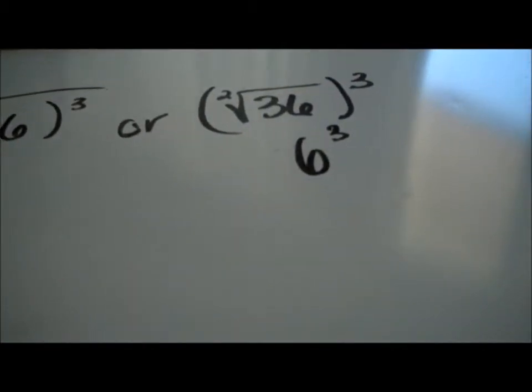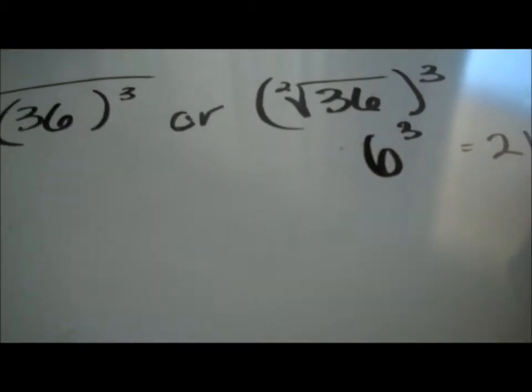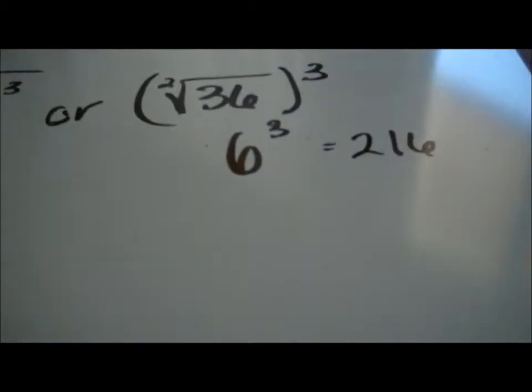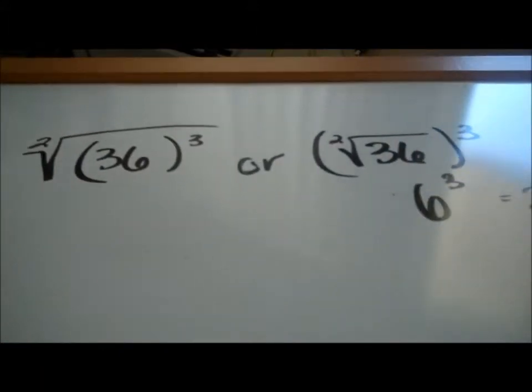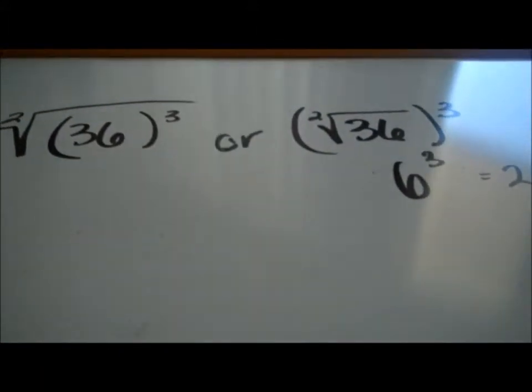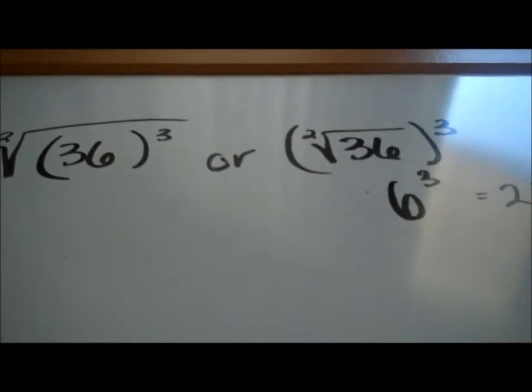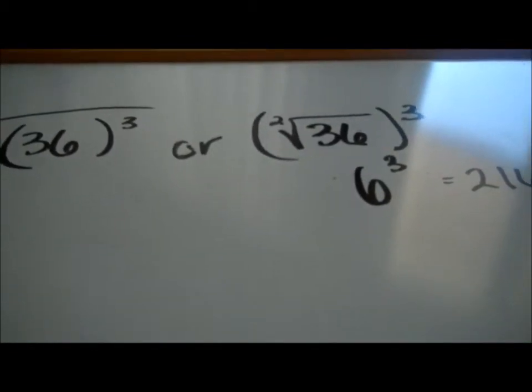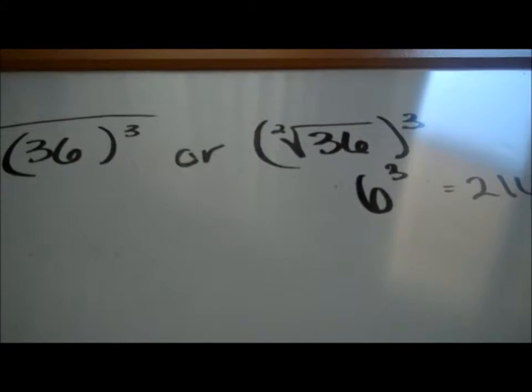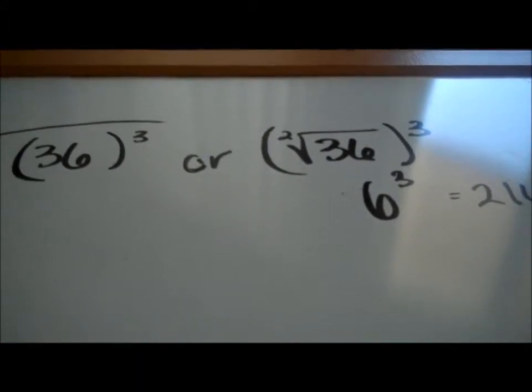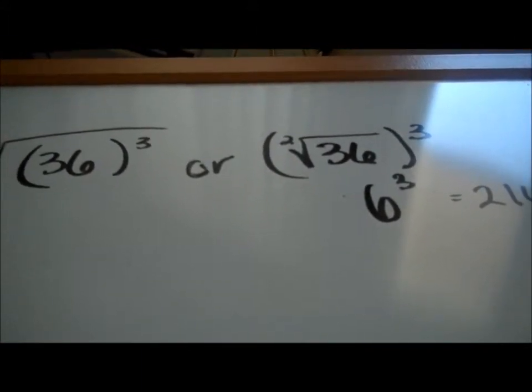And 6 raised to the 3rd power is 216. Okay, so either one would be correct, but just looking at it, this one over here on the right hand side would probably be a little bit quicker to do. But again, you do it whichever way you feel comfortable, and we're good.